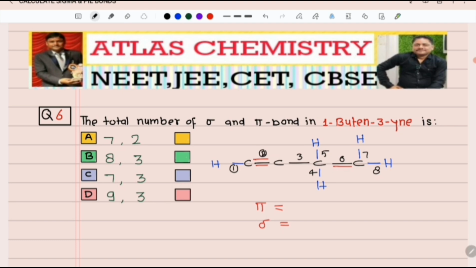So we find here are 2 pi bonds and here is 1 pi bond. So the total pi bonds are 3 and sigma bonds are 8. So our correct option is option B.